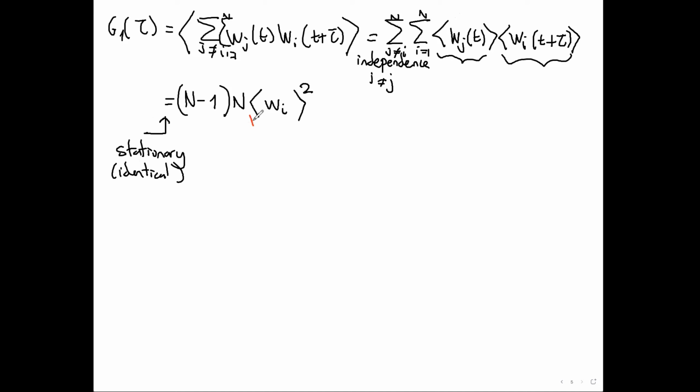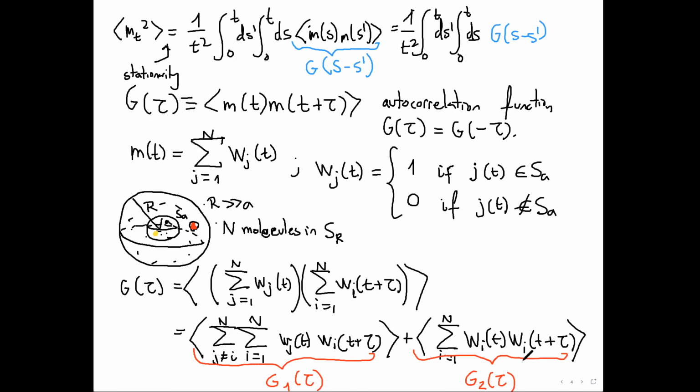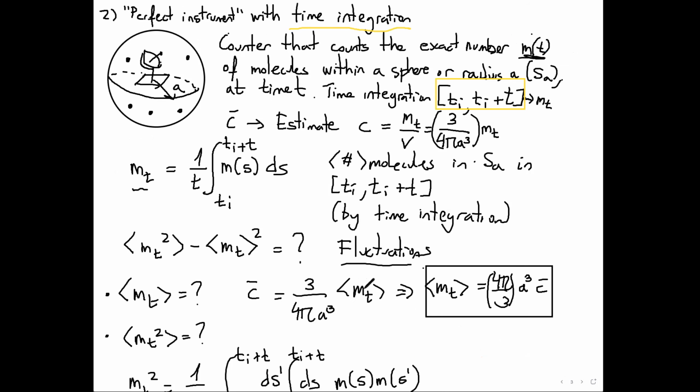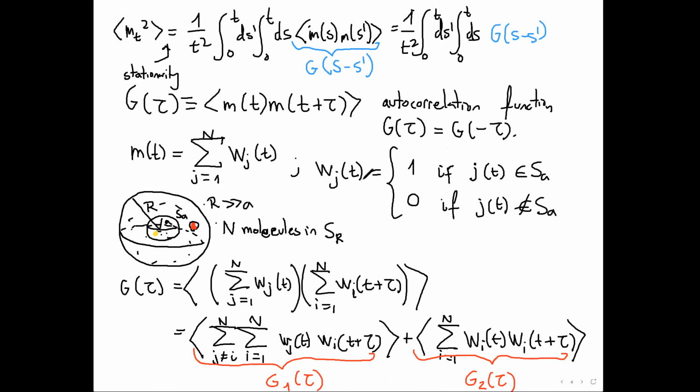Okay, so we have this, and now we know from before what this one is. This is the average squared. We calculated the average squared. So the Wi average, we have it from something very similar to this, but I didn't write it. So I forgot what this average is. So what is the average of Wj? It's very simple. It's not that important, but it's important for the calculation I'm doing now.